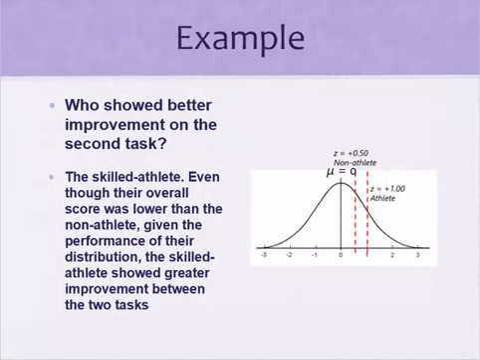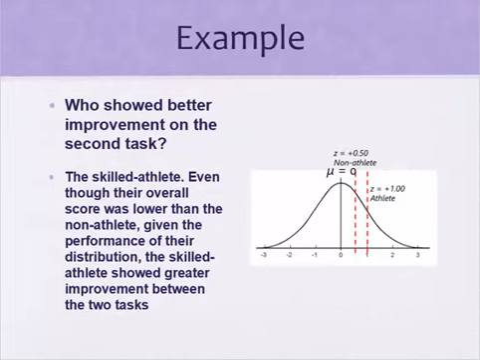And again, like I said, you can't compare one raw score from one distribution to another single raw score from a different distribution because they both had different means and different standard deviations. The only way you can meaningfully compare them is to convert them both to z-scores, because that takes into account the mean and standard deviation that their original raw score came from. And then you can see it actually tells a quite different story.